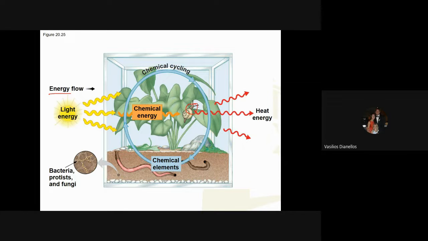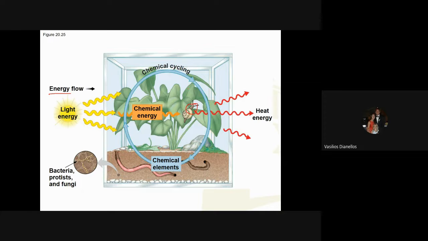And in that case, as you hopefully remember, and that might be on the final, most of it is actually lost as heat energy, right? Most of the time, most of metabolism, when you break down stuff, most of that energy is not put to direct use to make ATP. Most of it is actually lost as heat energy. So again, energy comes in and it leaves. That's the only thing entering and exiting this ecosystem.